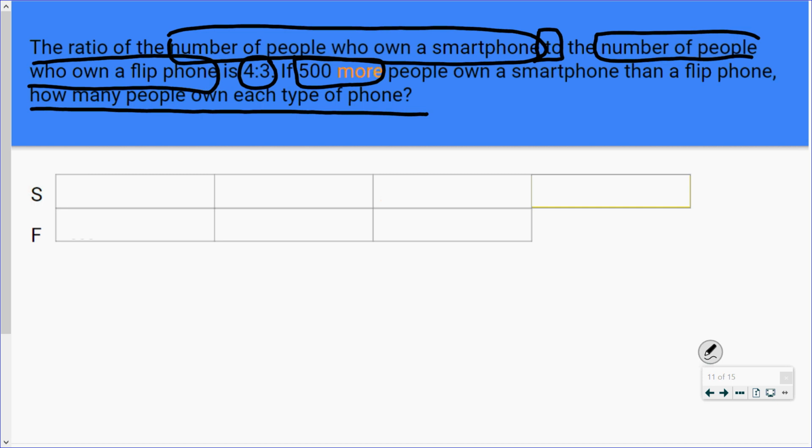Now remember, in the previous problem, we focused on the 9 more boxes. Which box are we going to focus on in this one? Because they're asking you for 500 more.